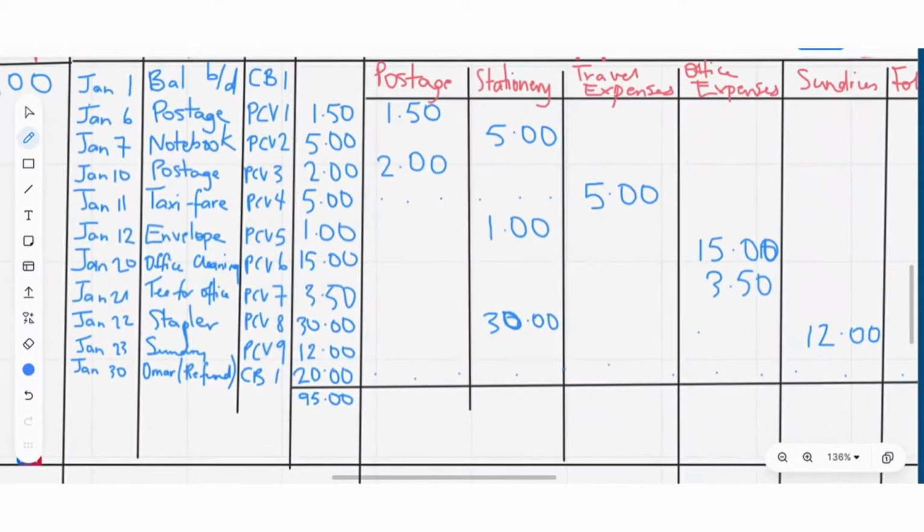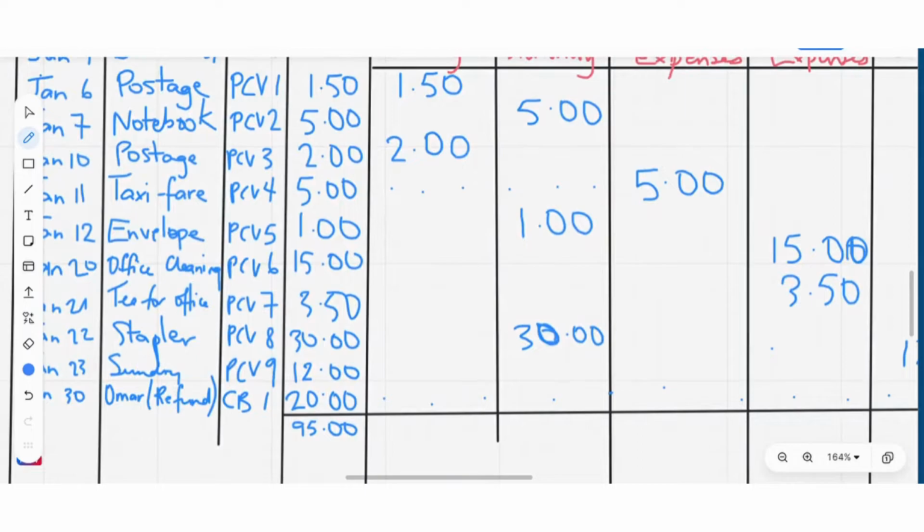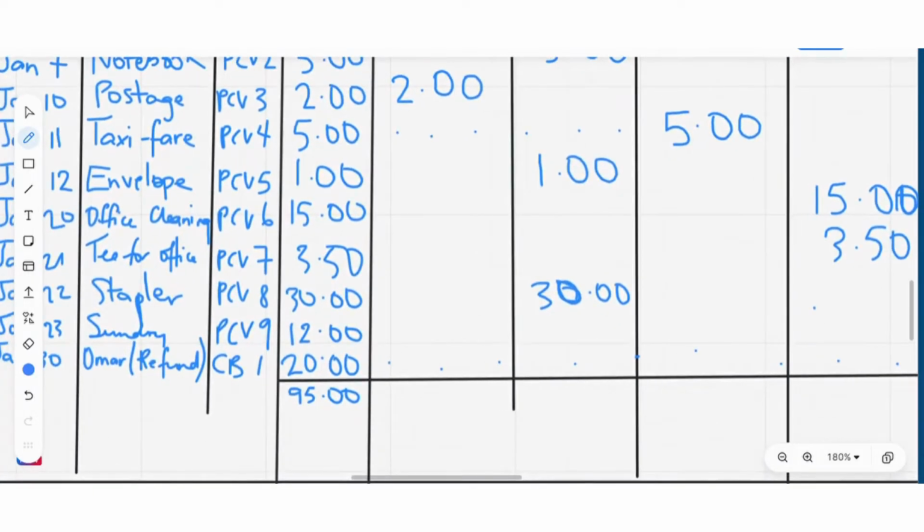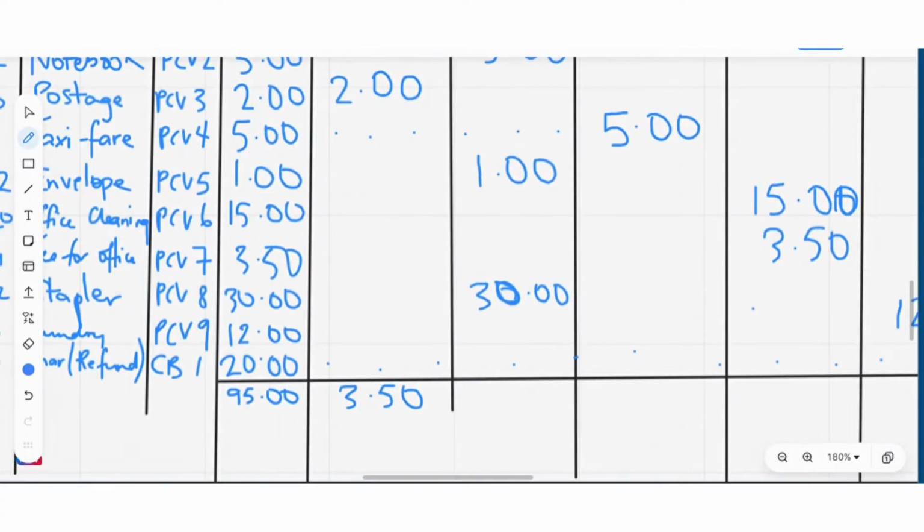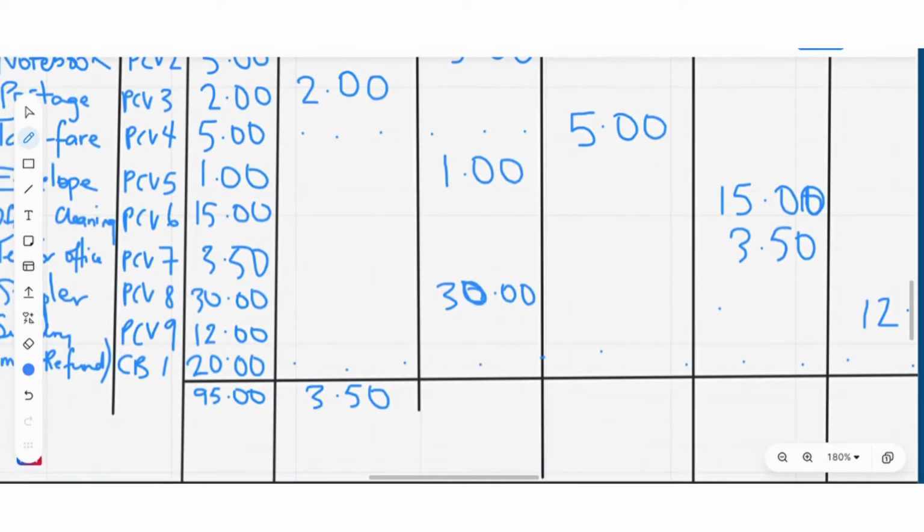So simply mean that for postage, when I add $1.50 plus $2, I got $3.50. When I added in the stationery $5 plus $1 plus $30, I got $36, right?